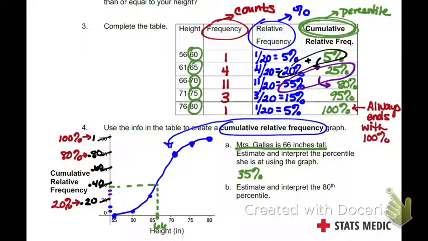Yeah, they are at or below her height. 35% of the students are at or below Mrs. Gallagher's height of 66 inches. Or Gallus, I think I've been pronouncing her name wrong.